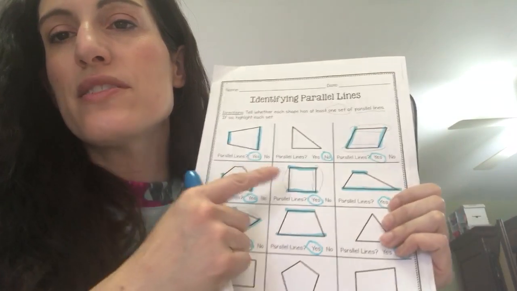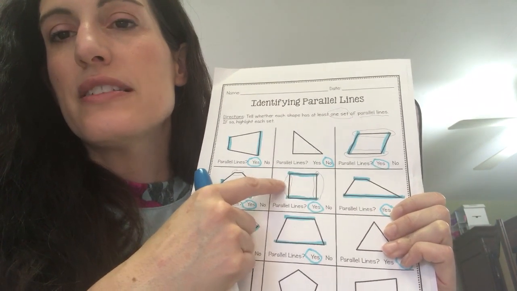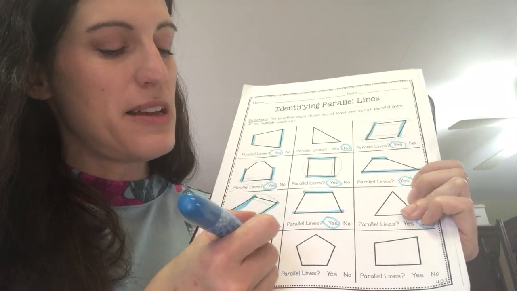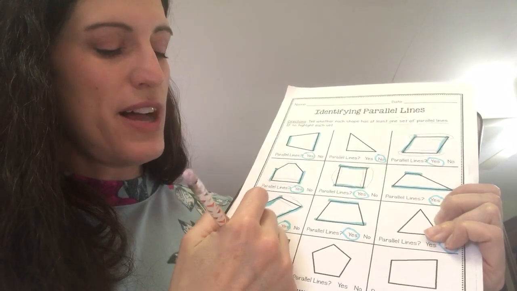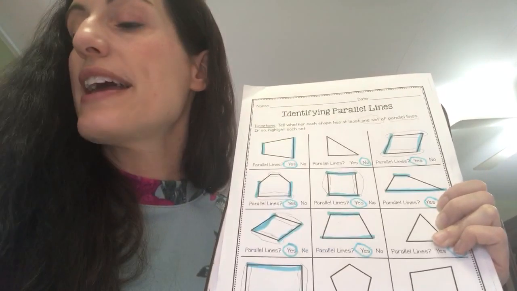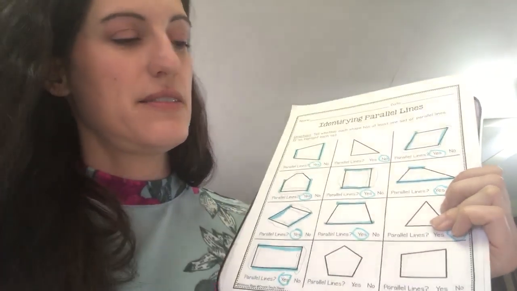The square had top and bottom parallel, side and side parallel. That's the same as a rectangle. The top and the bottom are parallel, and both of the sides are parallel as well. So yes, the rectangle has two sets.